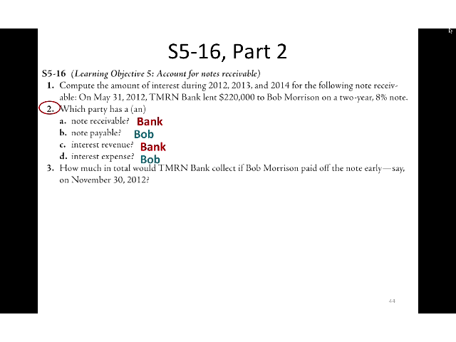So the bank loaned Bob the $220,000 on May 31st, 2012. In part 3, Bob's paying back the money in that same year on November 30th. So we're going to have 6 months that the note was outstanding. If we count them, we have June, July, August, September, October, and November. We have 6 months that the note is outstanding.